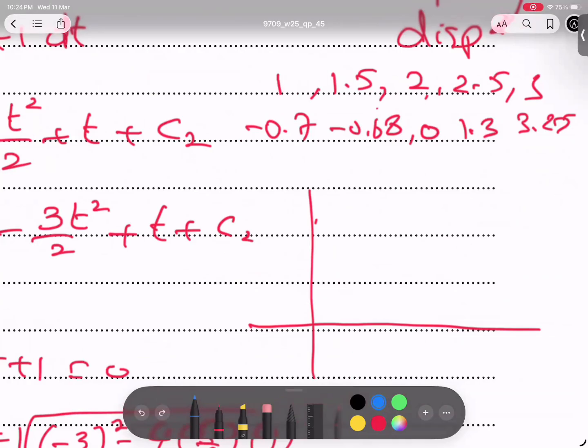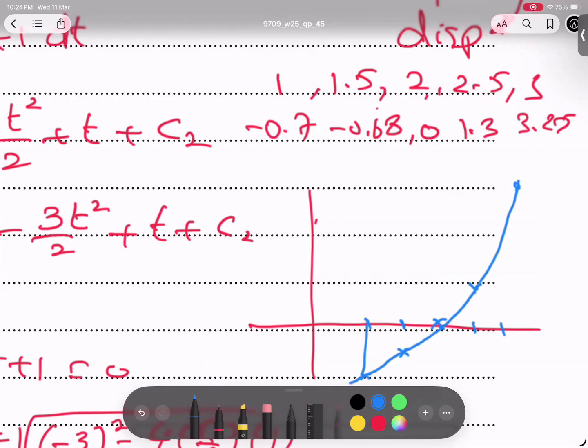So if I focus here, students, this is 1, here 2, here 3. At 1 it is negative, and 1.5 is negative, and at 2 we got 0, and then I got a positive and a bigger number. So basically the curve is coming like that.